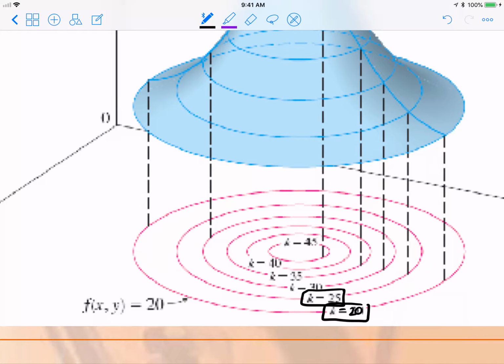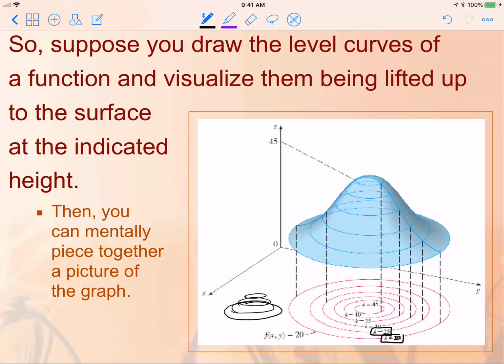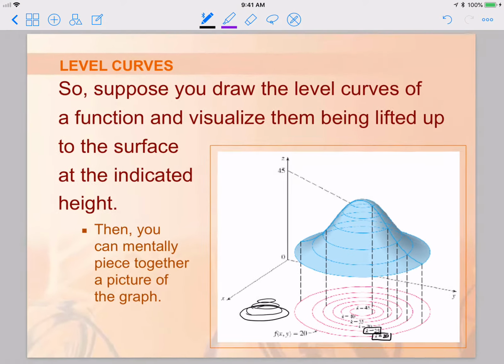So in your mind, you've got a circle here at k equals 20. And then at a height of 25, which is going to be even higher, you have a smaller circle, right? Then at 30, you have an even smaller circle, and at 35, an even smaller circle. So you're able to reconstruct the surface based on the level curves, okay?